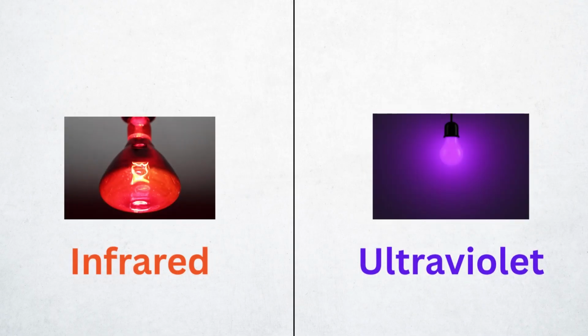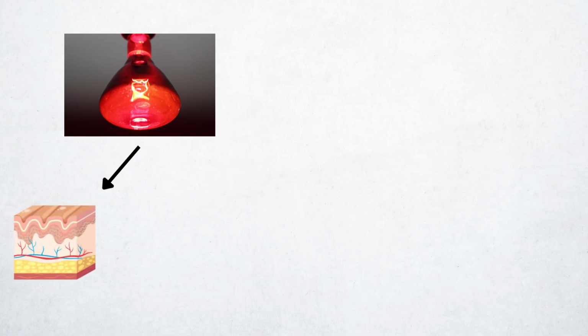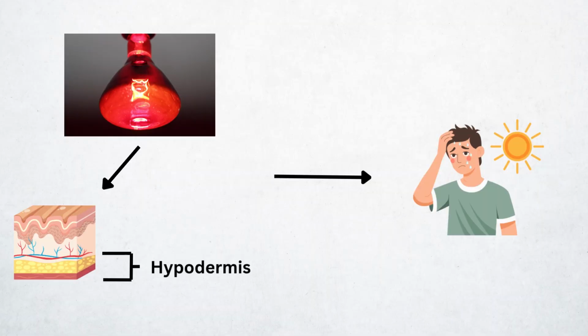But what exactly contributes to all this absorption of the sunlight in the skin? So apart from the visible spectrum and its effects, what about IR and UV? Well, IR is the radiation with the longer wavelengths. So generally, the longer the wavelength of the radiation is, the better it is able to be absorbed by the soft tissue of the skin, that is called the hypodermis, which contributes mainly to the heat sensation when sunlight is exposed to the human body.